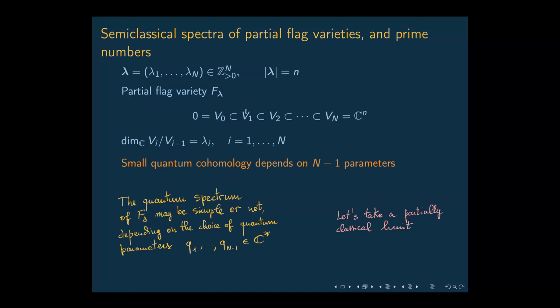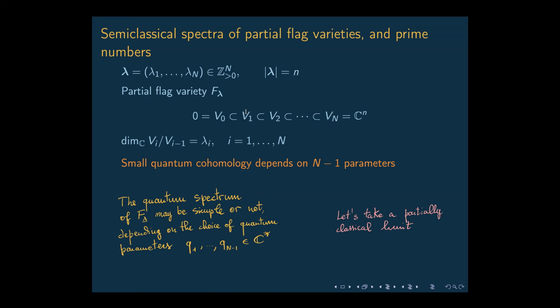So in other words, inside this parameter space you will have some subvariety, some sublocus, along which you have coalescences of eigenvalues, so a richer structure of the spectrum, and generically you don't have these coalescences.